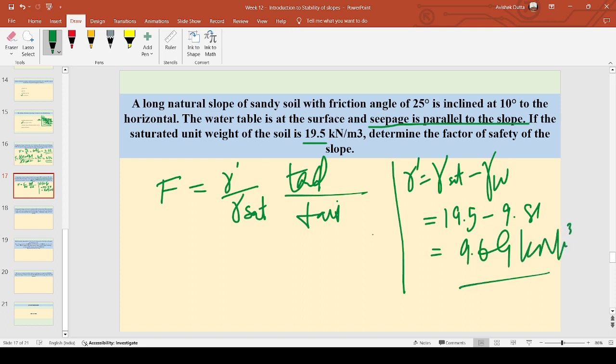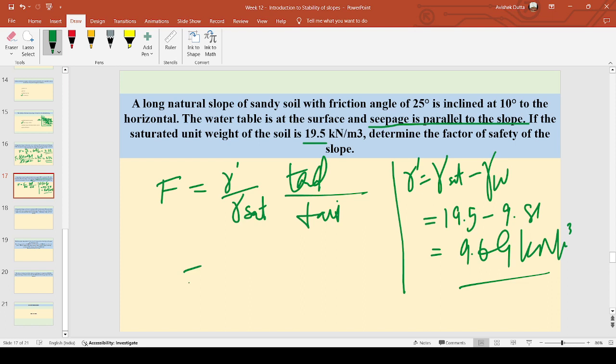Now if you put 9.69 divided by gamma sat 19.5, and then multiply by tan phi, that is tan 25, divided by tan i, that is tan 10 degrees, we get a value of approximately 1.314.